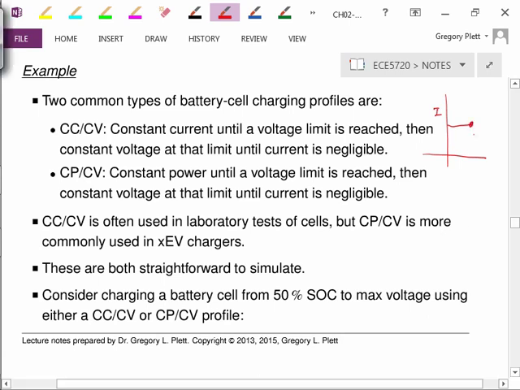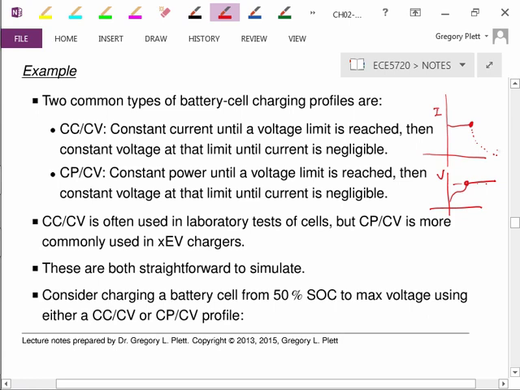The voltage is going up like this, and at that point, when I hit that limit, I hold the voltage constant instead of holding the current constant. Holding the voltage constant makes the current decay in something that looks very much like an exponential decay, although it is not exactly that.